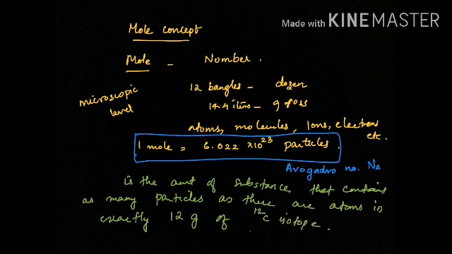So, a mole is the amount of substance that contains as many particles as there are atoms in exactly 12 gram of carbon 12 atom.